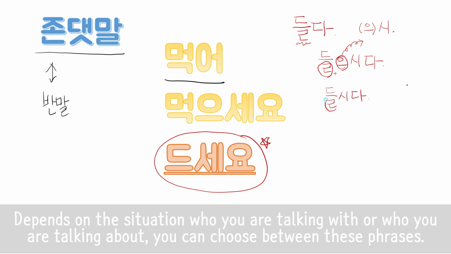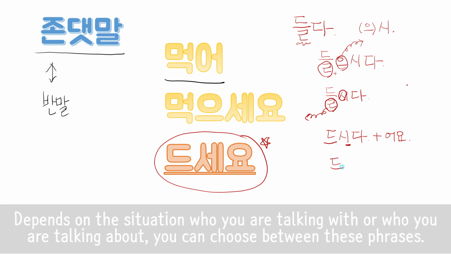And when there is 리을 and 시옷, the 리을 disappears. So finally the remaining one is 드, 시, 다. And then you have to make a 요 form. There is a 시, so you have to add 어요.